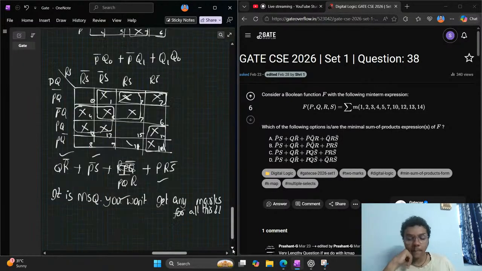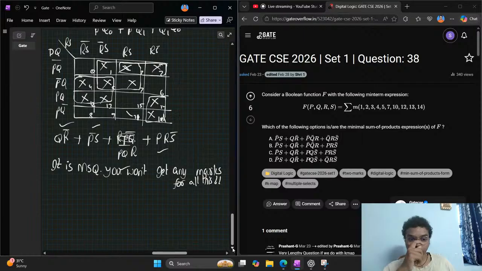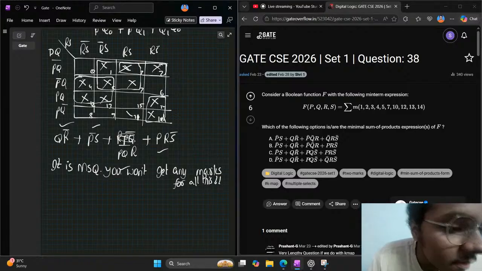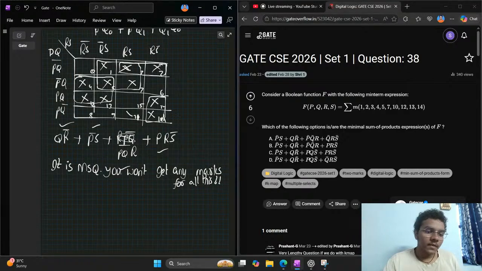So B option matched, and let's see why did not C option match, right? P bar. Okay, where did you get P bar?